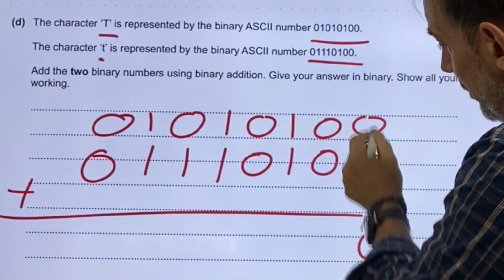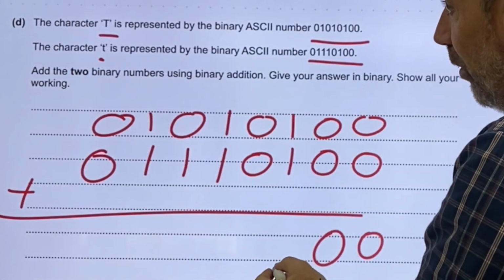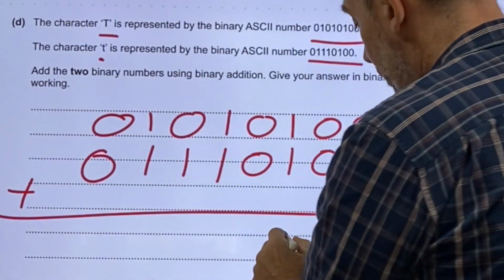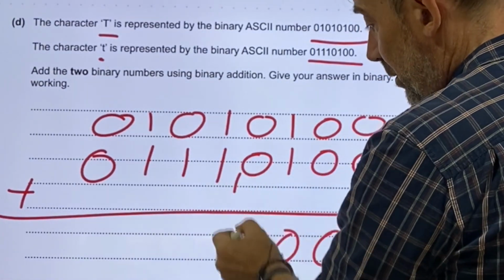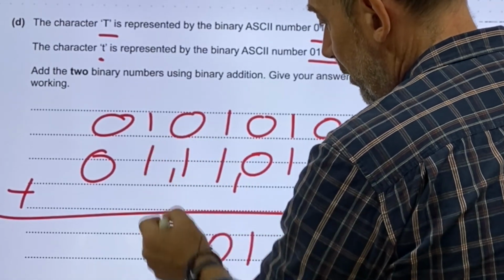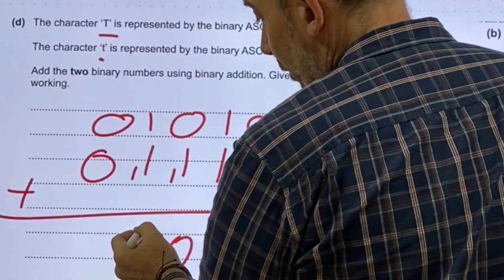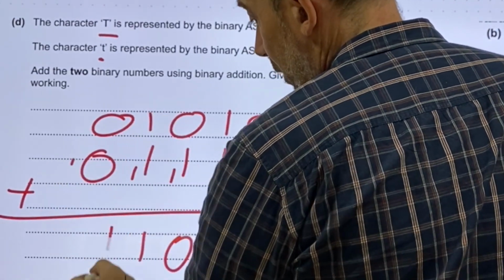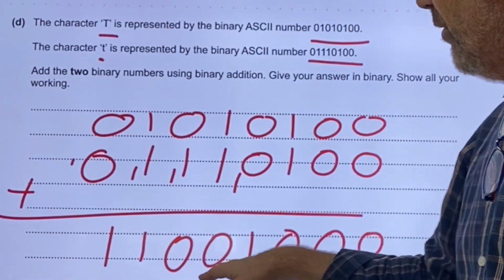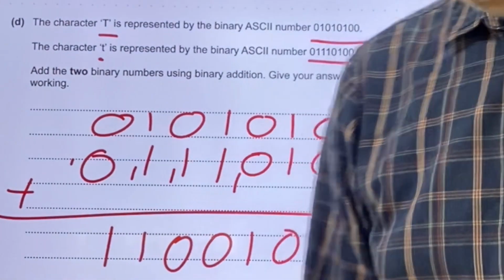So 0 and 0 is 0, 0 and 0 is 0, 1 plus 1 is 2, but we can't have 2, so we go 0, carry the 1, pop that in there. 1 plus 1 again, 0, carry the 1, 0, carry the 1. Now we've got 3, 1, 2, 3, we go 1, carry the 1, and that would be our number. 1, 1, 0, 0, 1, 0, 0, 0. Okay?